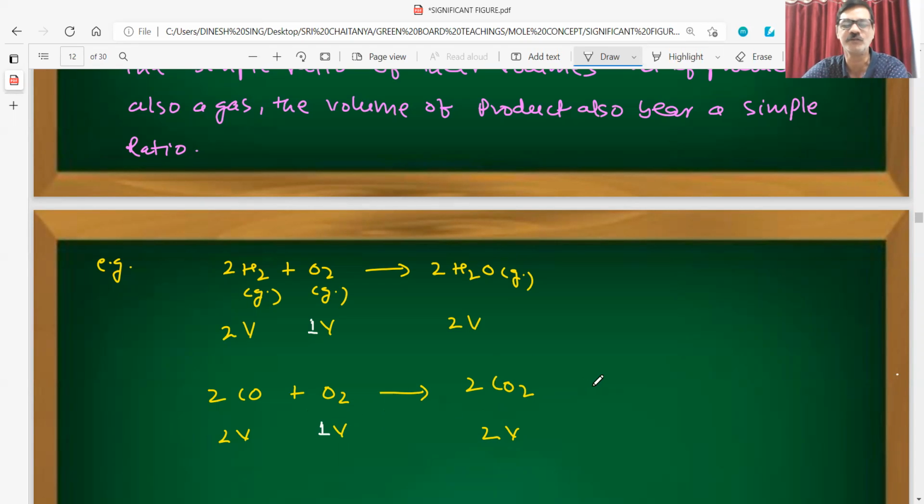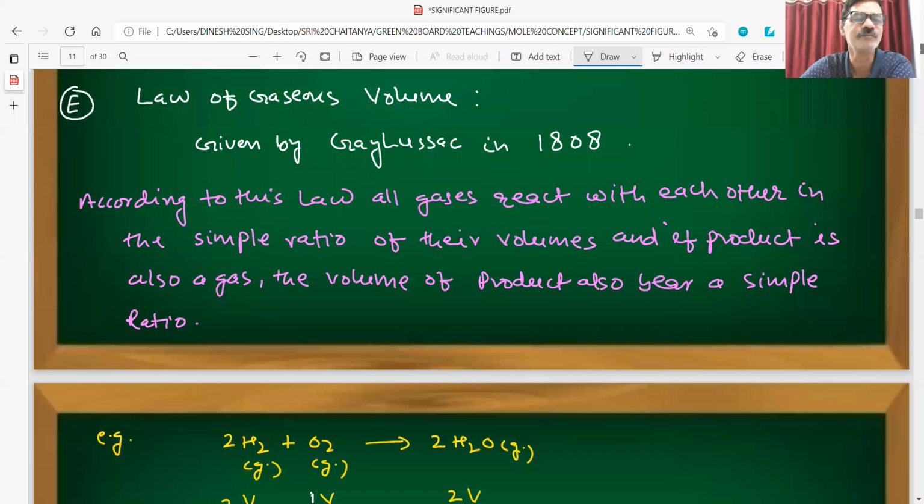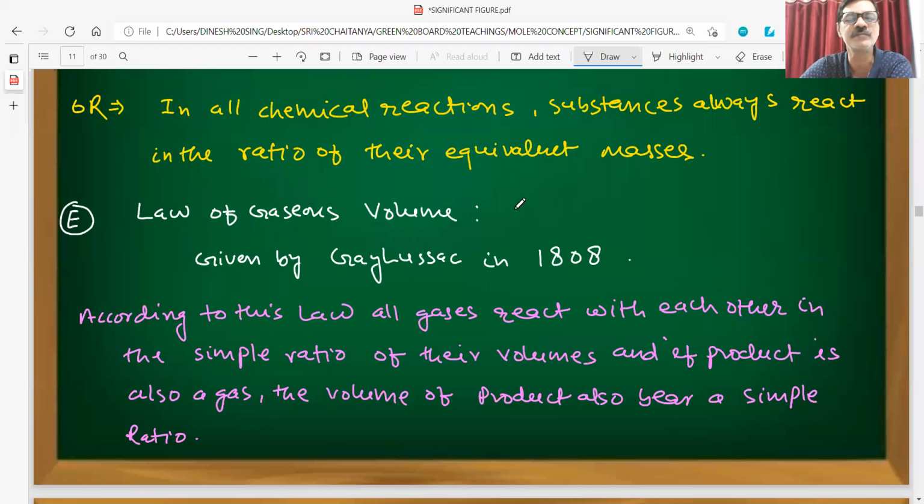So whatever ratio, either on the reactant side or product side, if we consider, they will bear a simple ratio. So this is called the law of gaseous volumes. It was given by Gay-Lussac. The condition is that we are measuring the volume under identical conditions of temperature and pressure. I think everybody understood this thing.